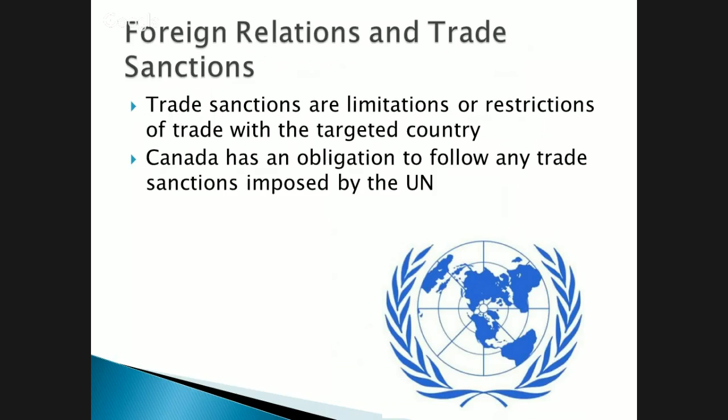And some of the reasons why trade sanctions or embargoes would be placed on certain countries, limiting or restricting trade, would be human rights abuses or issues, terrorism, smuggling, slavery, war, those types of reasons.